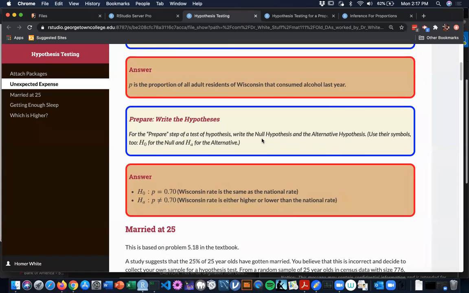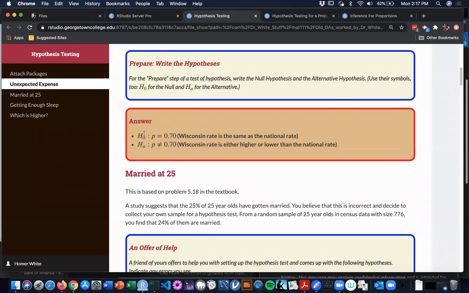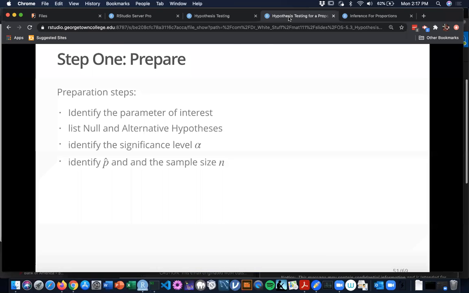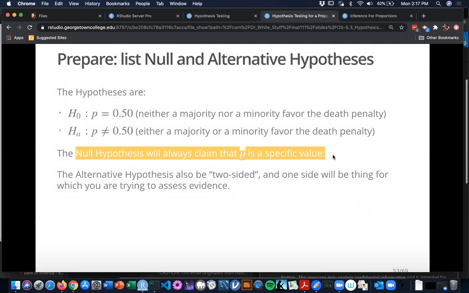Next sub-step was writing the null and alternative hypotheses. And I would write it like this. In this section, you're told yet again that the null hypothesis is always going to have to claim that the population proportion is a specific value.